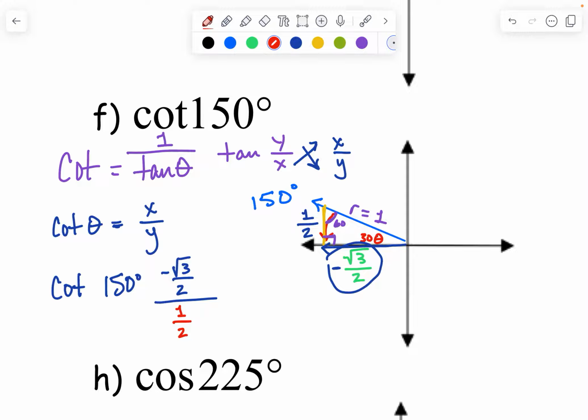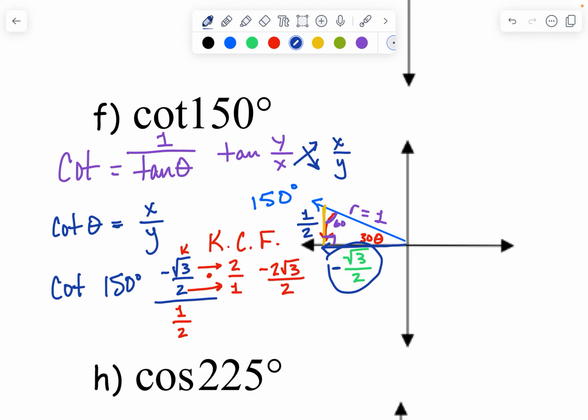Now remember, when you are dividing fractions, you want to keep, change, and flip. You keep your first one, change your operation, and then flip your second fraction. So negative root 3 times 2 is negative 2 square root of 3, and 2 times 1 is 2.